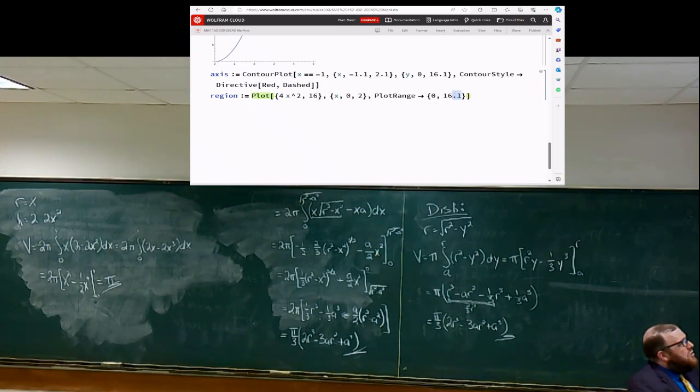I am also going to set my plot range to just 16. That would actually allow me to get rid of this at this point. But I'm not going to. I'm going to keep it.